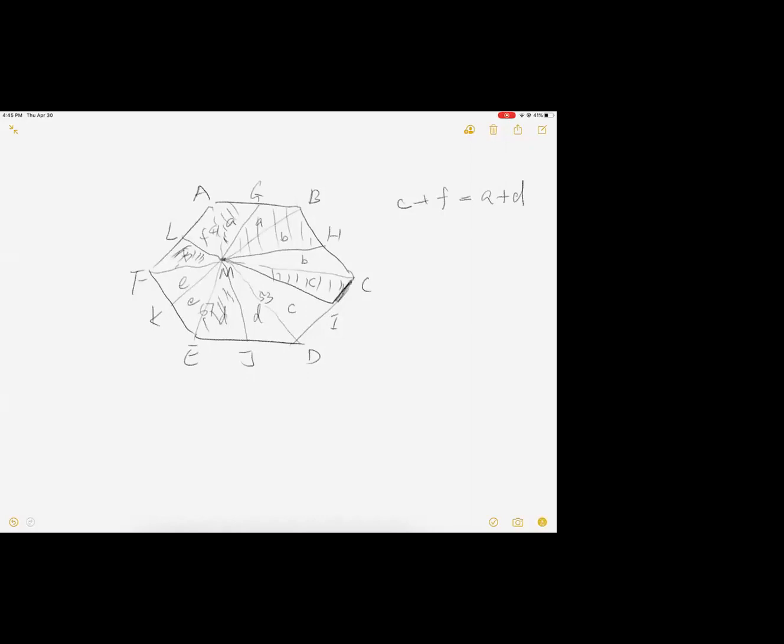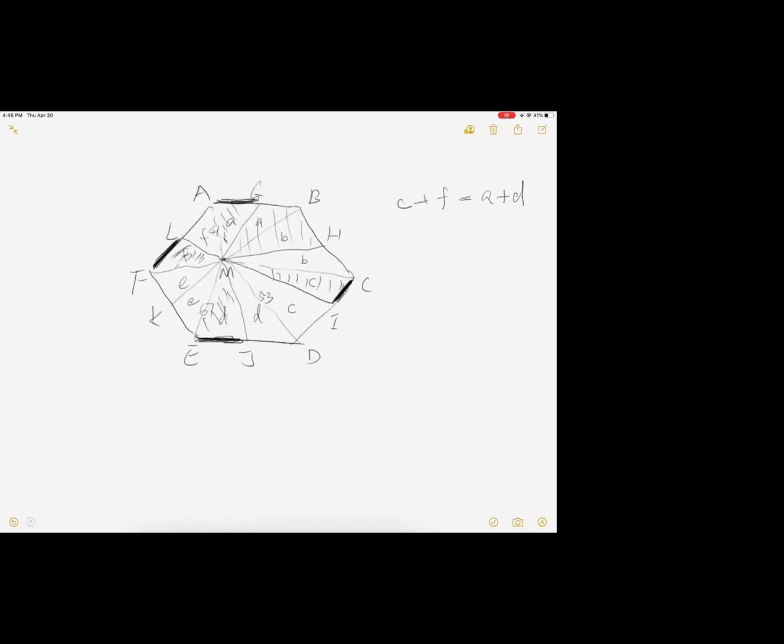So basically this is the base of this little triangle. These two bases are the same. The four highlighted lines are the same. And if you have the whole length of the hexagon, since it's a regular hexagon, they're all going to be the same.